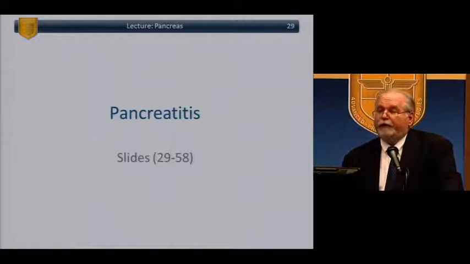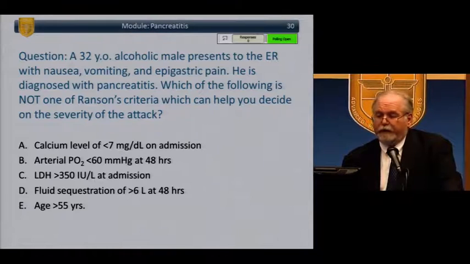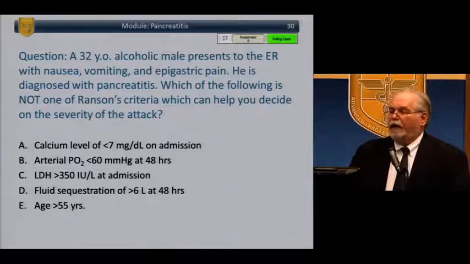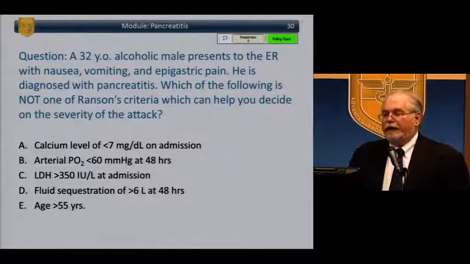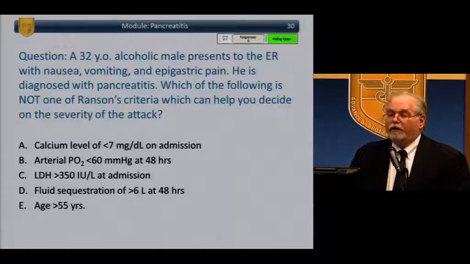Moving on to the treatment of pancreatitis. A 32-year-old alcoholic male presents to the ER with nausea, vomiting, and epigastric pain. He is diagnosed with pancreatitis. Which of the following is not one of Ranson's criteria, which can help you decide on the severity of the attack? A, calcium level of less than 7 on admission; B, arterial PO2 of less than 60 at 48 hours; C, LDH greater than 350 at admission; D, fluid sequestration of greater than 6 liters at 48 hours; E, age over 55.